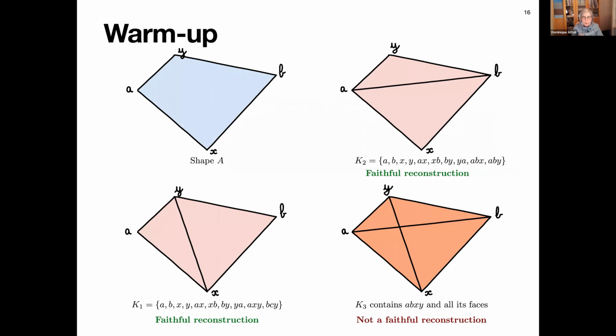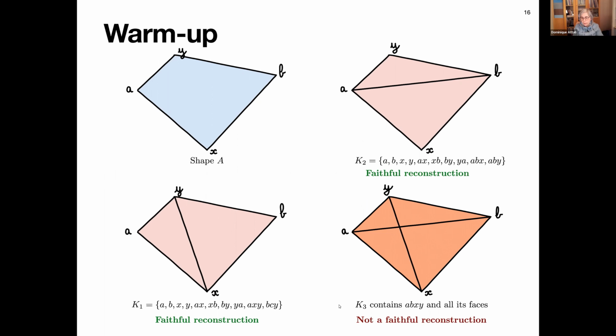So a very simple example. So suppose I have a shape that is just a quadrangle in the plane with 4 vertices A, X, B, and Y. Then the two simplicial complexes K1 and K2 here are faithful reconstructions. Okay, but the third one, K3, has been obtained by taking the tetrahedron A, X, B, Y and all its faces.